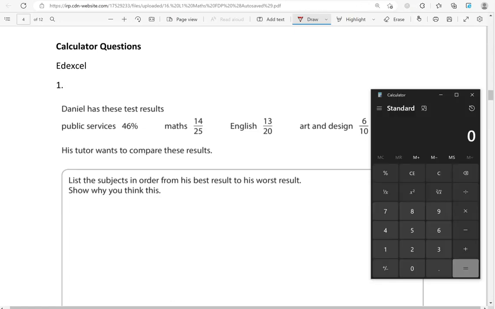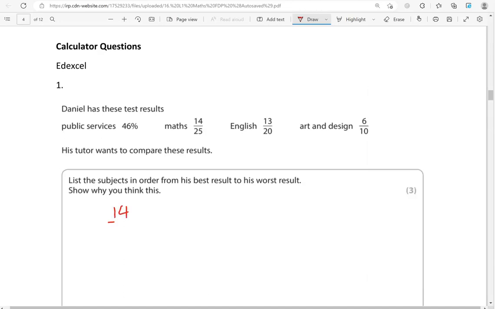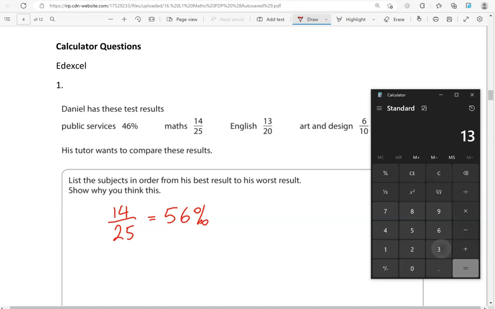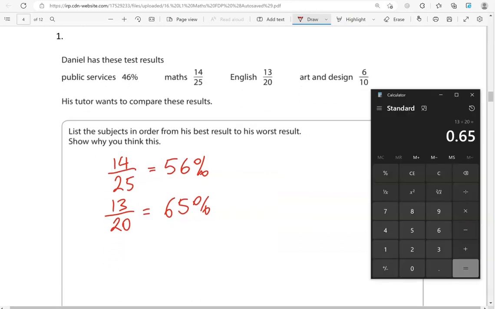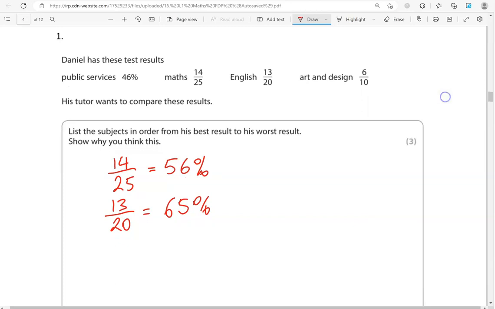So for maths, we have 14 divided by 25, which is 56%. For English, that is 13 divided by 20, which is 65%. Art and design, we've got 6 divided by 10, which is 60%.